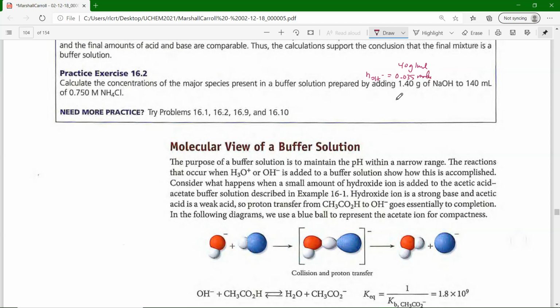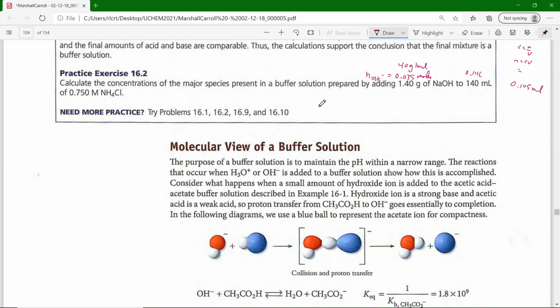And the ammonium chloride, 140 mL, well, that's 0.14 liters. So C equals N over V, so N equals CV. So 0.75 times 0.14 is 0.105 moles of NH4 plus.